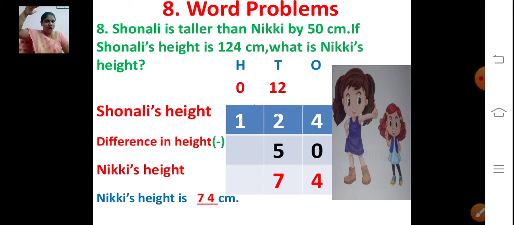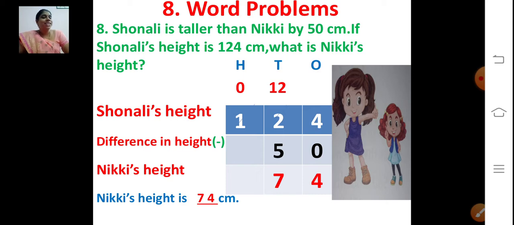Who is taller? Yes, Shonali is taller. Shonali is this much height and Nikki is this much height. So the difference between them is that she is taller by 50 centimeter.